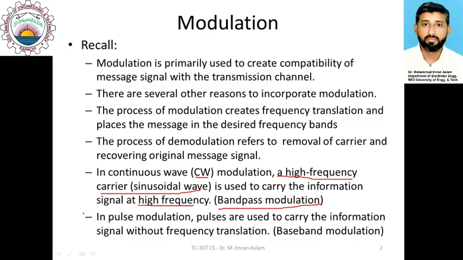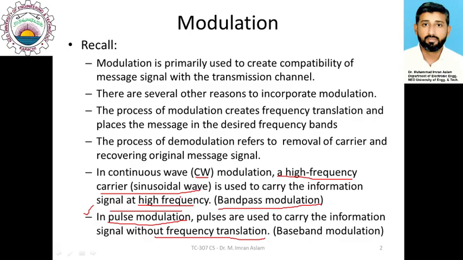On the other hand, there is another modulation scheme where we use pulses to represent the information. So we represent our message by using different pulses. So basically this is commonly used in discrete time systems. However, you should note that pulse modulation does not involve frequency translation. So actually it does not provide any shifting in the frequency.